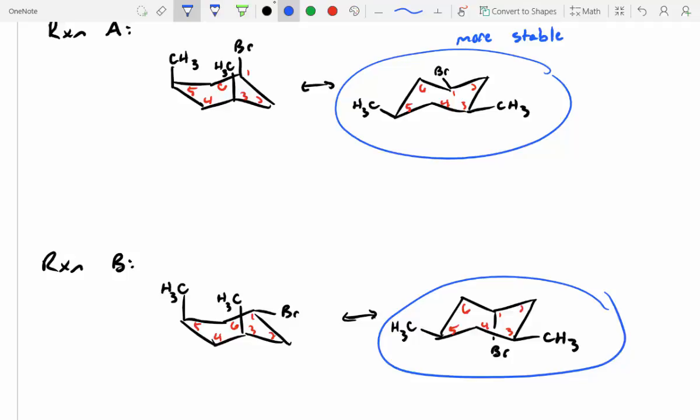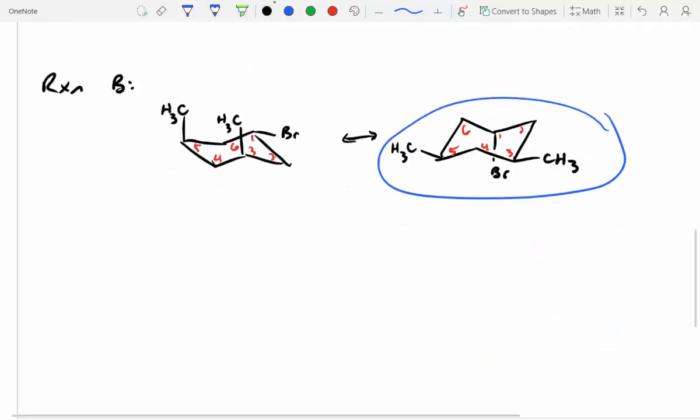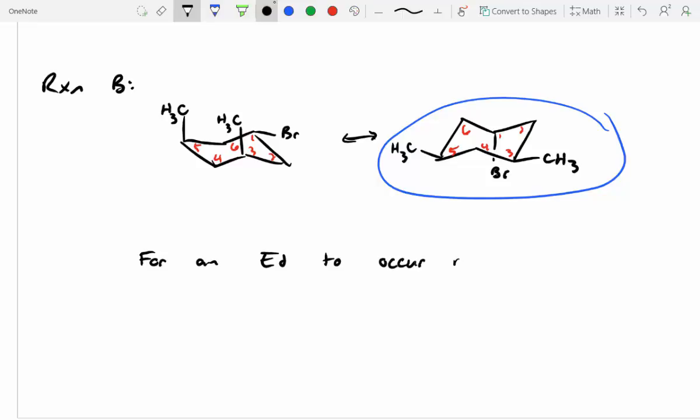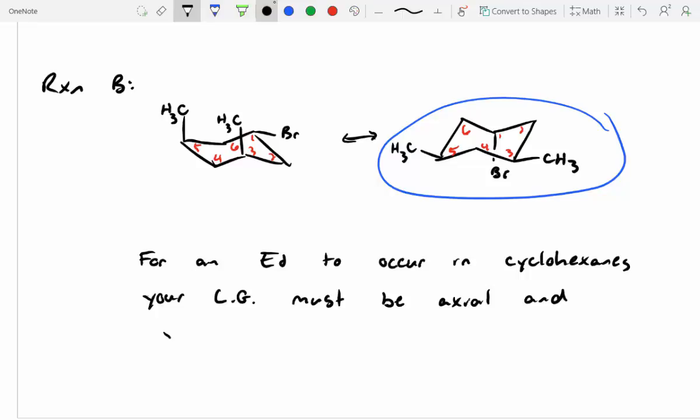No. This is a really important thing to remember for E2 chemistry: for an E2 to occur in cyclohexanes, your leaving group must be axial, and your beta proton must be axial.